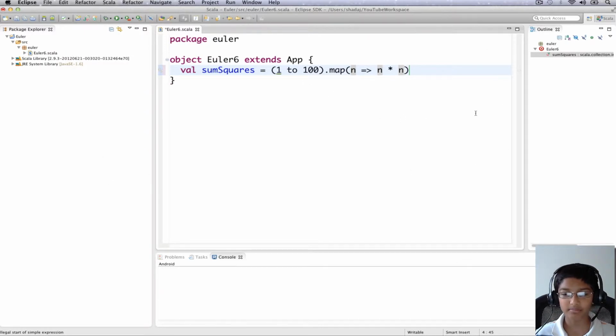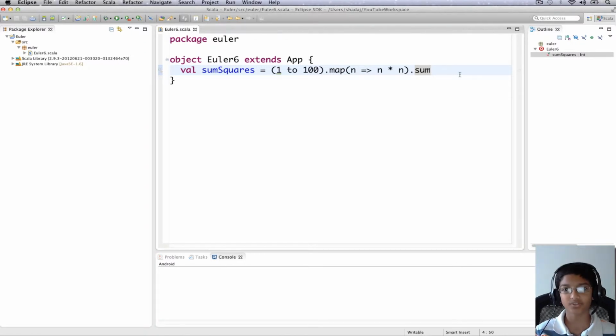We can't use the underscore trick here, because to use underscore you have to have only one parameter, which we do have, but you need to use it only once, whereas here we're using it twice. And now we have all the squares of the numbers, so all we need to do is find the sum using .sum. So now we found the sum of the squares.